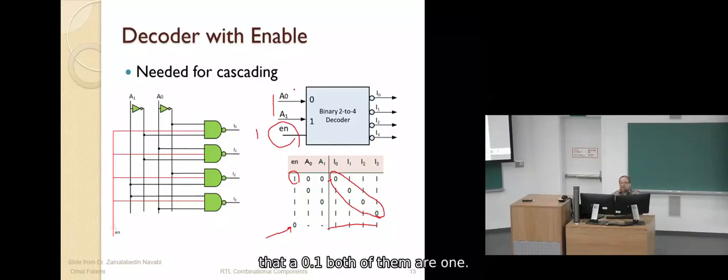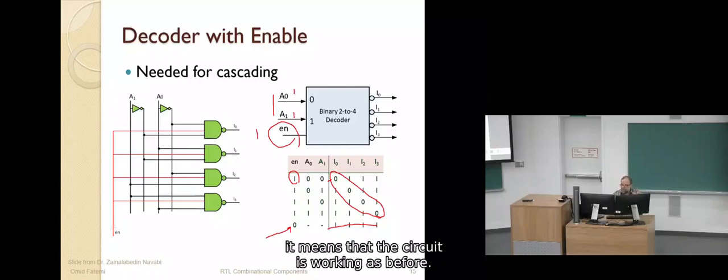And then you are saying that A0 and A1, both of them are 1. So when enable is 1, it means that the circuit is working as before. Before that, when A0 and A1, both of them were 1, what happened? This one gets 0. You see?